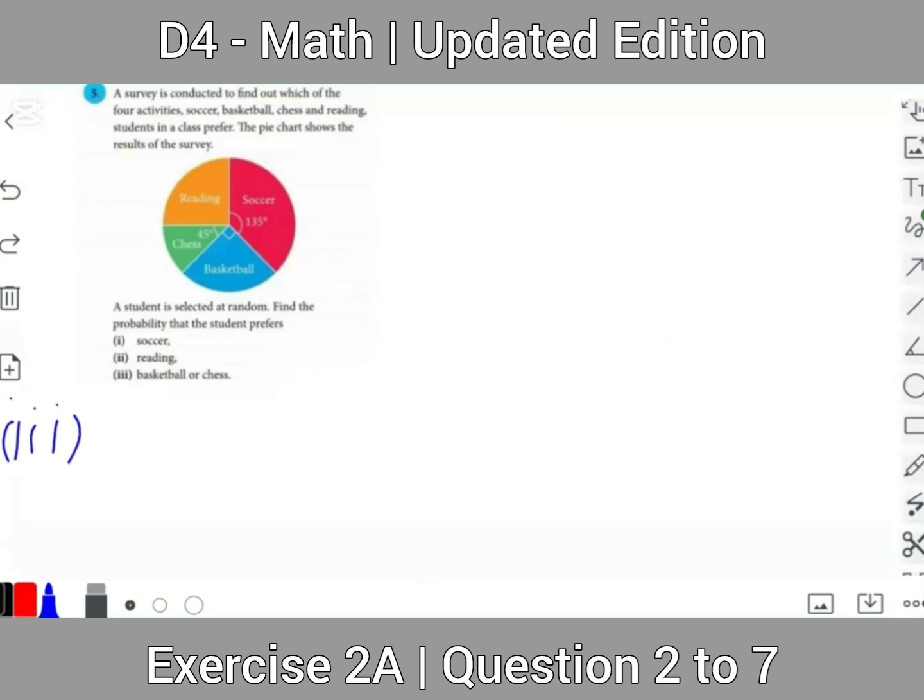Find the probability that the student prefers basketball or chess. For this, sum the angles of the blue and green sectors.